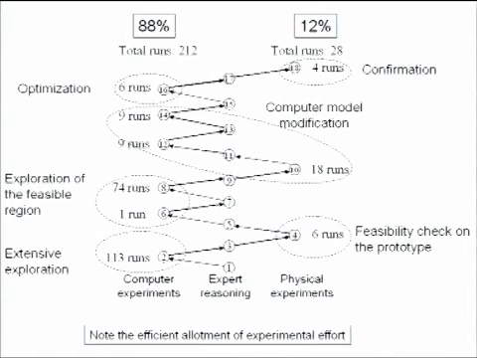Physical experiments were quite limited because they cost a lot, just 28 runs in total, while on the other side we have more than 200. We start with extensive exploration on the computer, and then we can build, at that time, the prototype. We had guidelines to build a prototype. On paper we had a feasibility check on the prototype, and then exploration of the feasible region, which was slightly different from this.